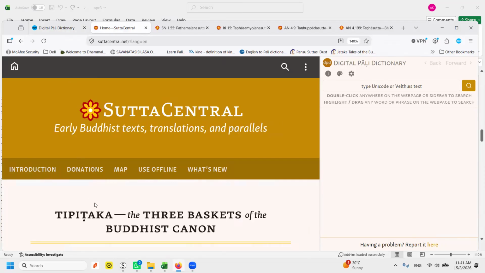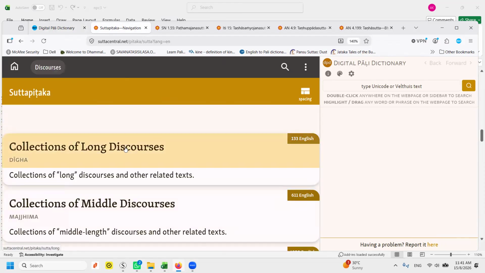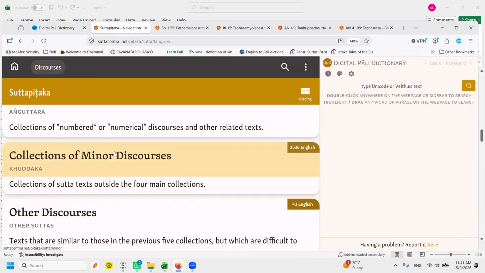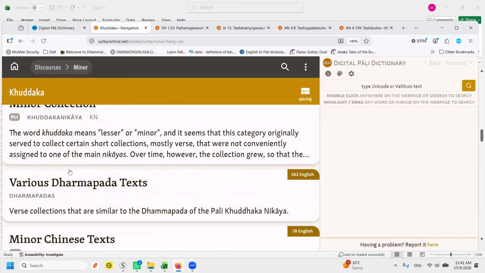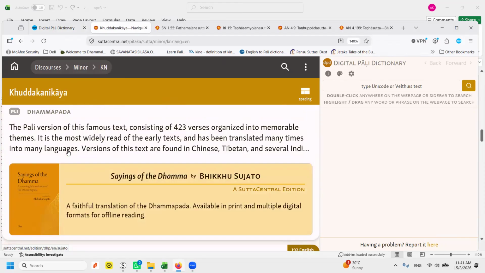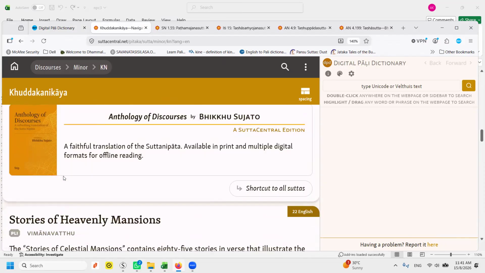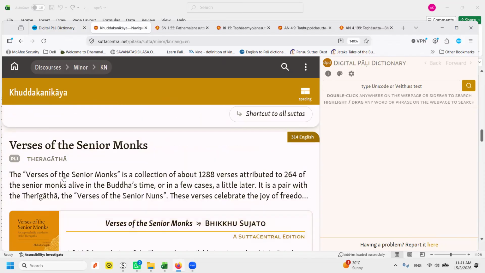Center. See whether we can find. Okay. Pada Udana.